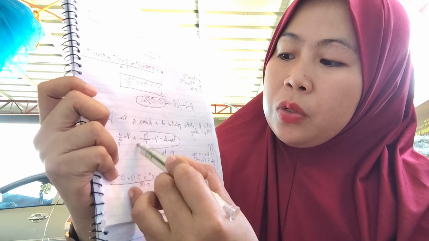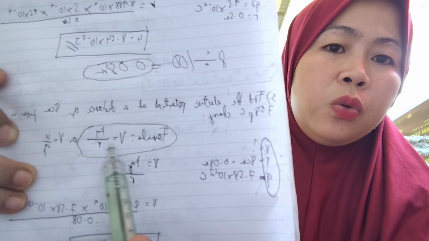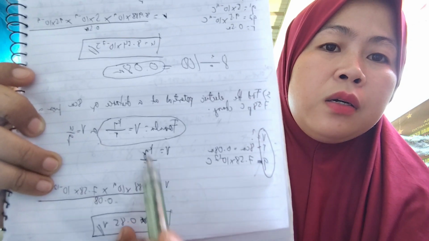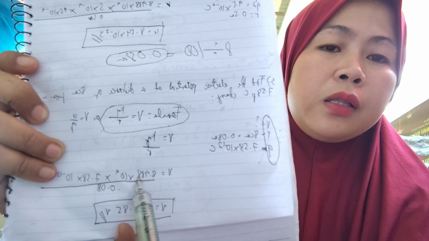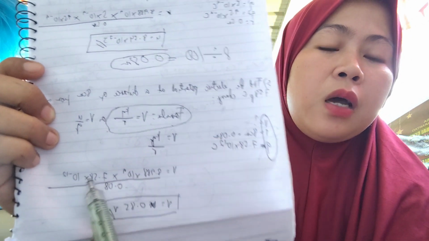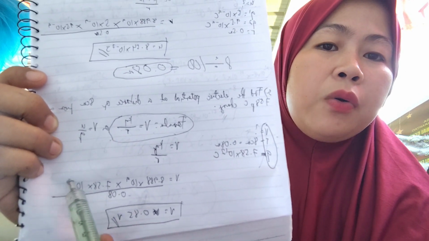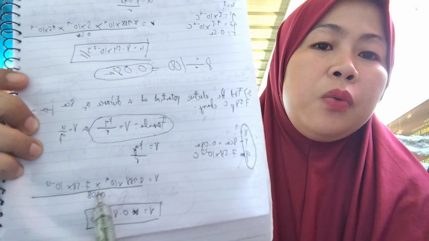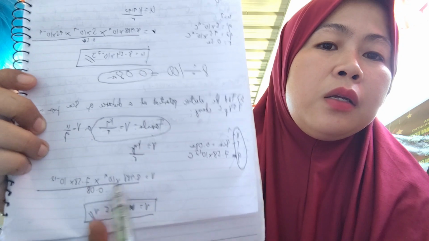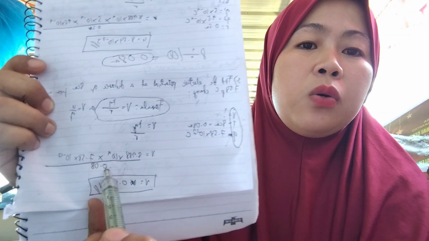Ang formula na ginamit ko sa ating electric potential is V is equals to K Q over R. So, ang K natin is given na siya, constant na siya ng 8.988 times 10 raised to the power of 9 times 7.58 times 10 raised to the power of negative 12 divided by 0.08. Ang kukunin natin sa R natin is yung meters, not the centimeter. Yung meters na kukunin natin 0.08.